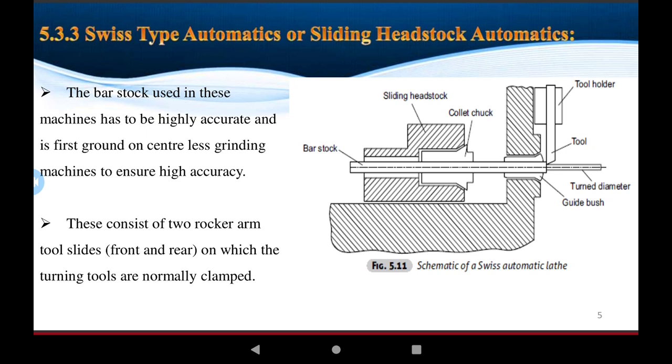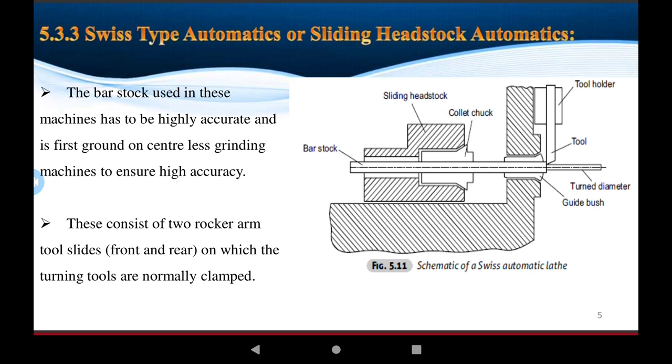This is the rocker mechanism, which is provided for the arm tool slide at the front or rear of the machine, which can be turned. The machine is also selected for very high-precision components, and the clamping and holding of the job is normally very strong, so that we perform the manufacturing operation without vibrating the workpiece for the duration of the operation. Very high holding of the job is required for this operation.